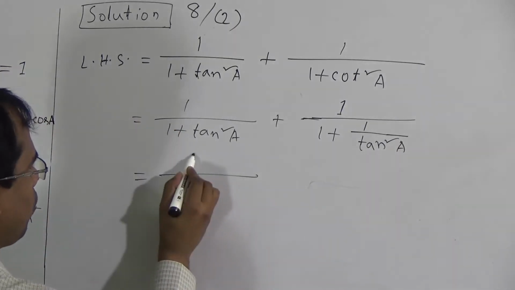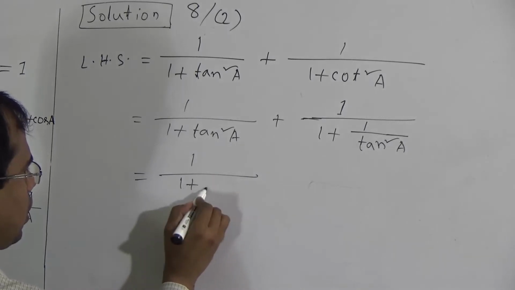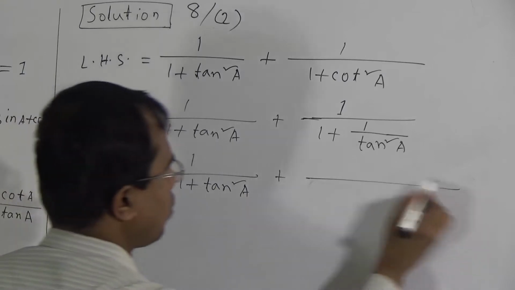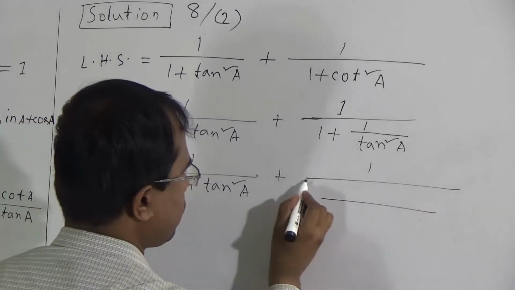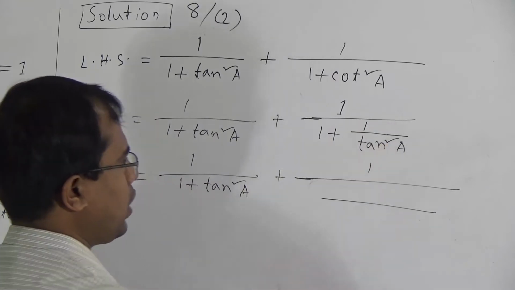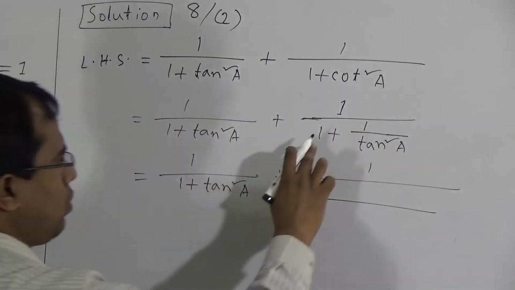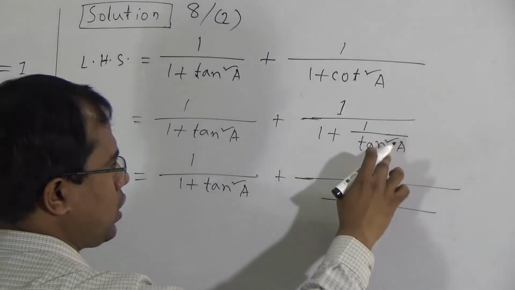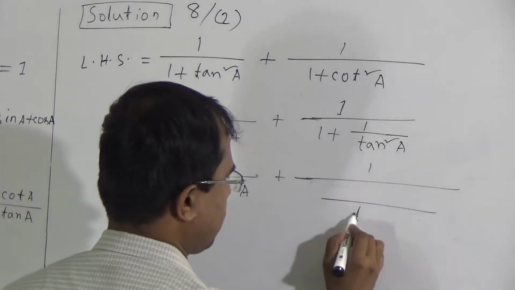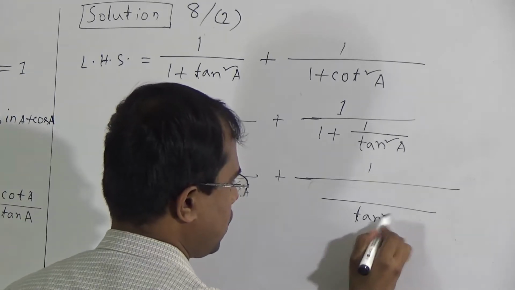This is equal to 1 by 1 plus tan square a plus 1 by, in denominators we have to add 1 with 1 by tan square a. Here denominators is 1 and here denominators is tan square a. So LCM will be tan square a.